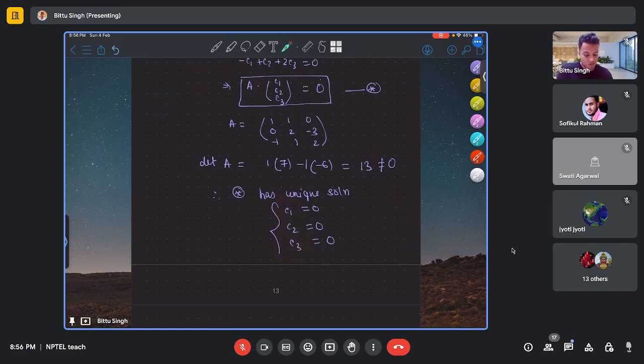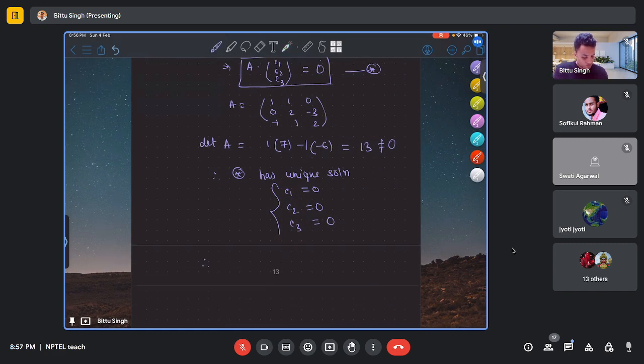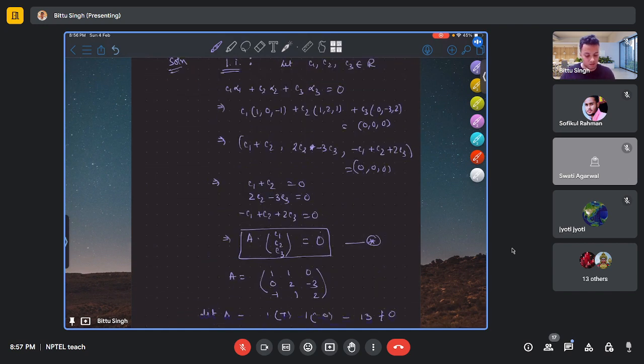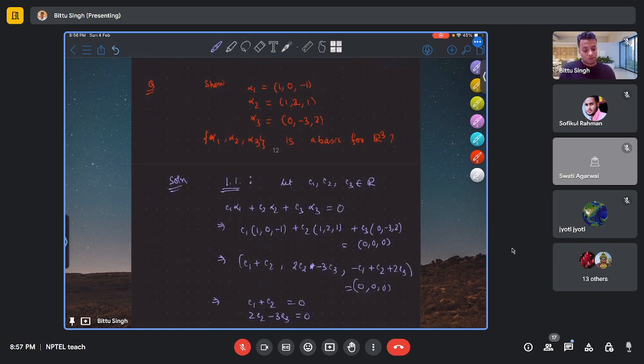This means the vectors v1, v2, v3 are linearly independent. In short, I am denoting linearly independent by LI. Is it clear?